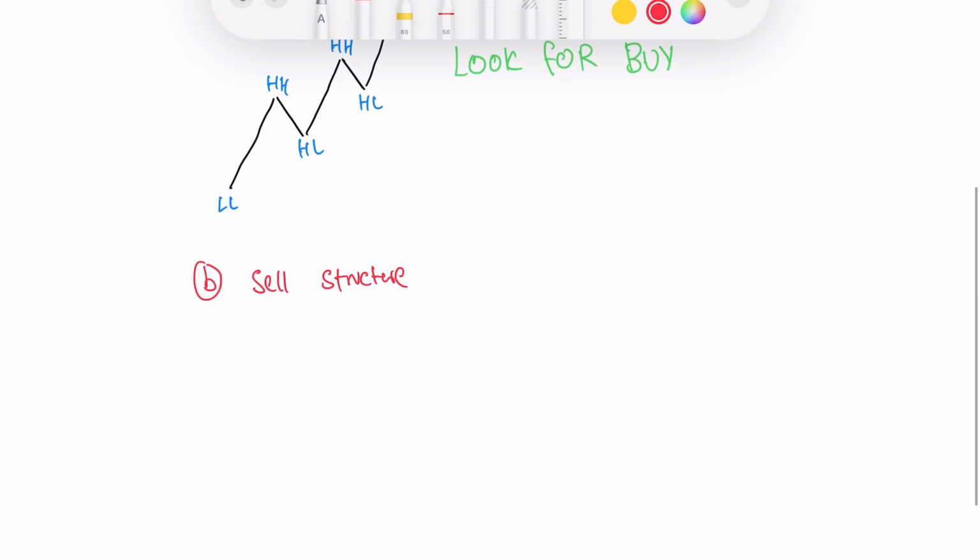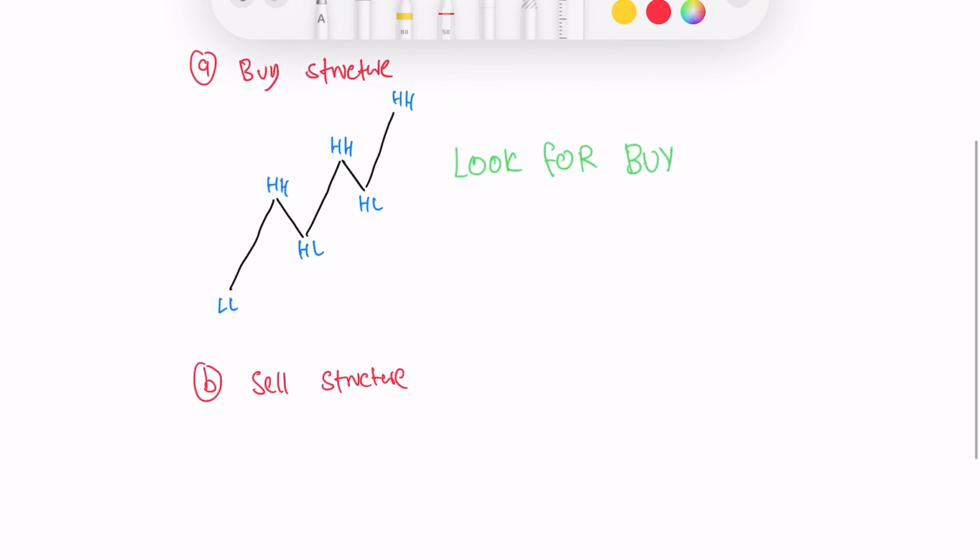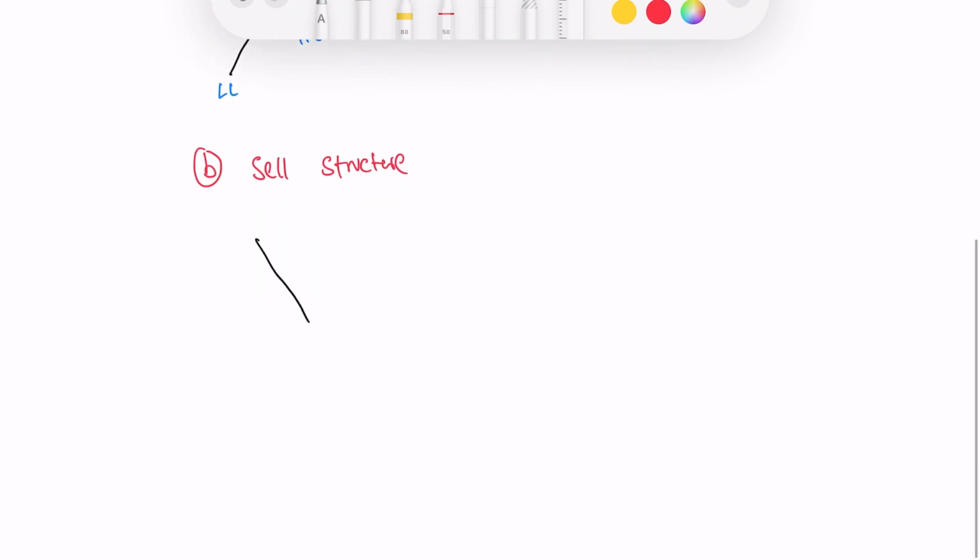Okay, second thing is basically we are looking for a sell structure. Okay, so sell structure should look similar to buy structure but just reverse. Like this, like this. So the key components of a sell structure is basically higher high, lower low, lower high, lower low, lower high, lower low.